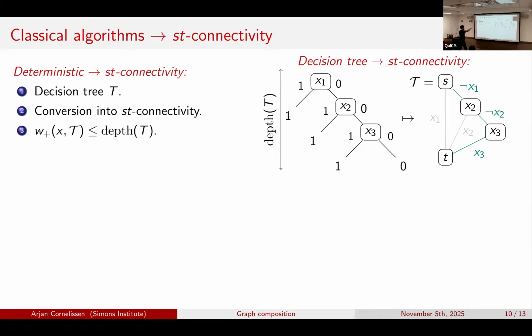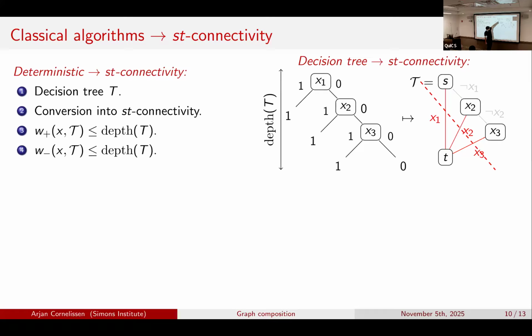And now if we look at the witness size, the length of the path to go from S to T will of course be at most the depth of the decision tree. So that's the analysis that we recover. And for the negative witness size, maybe we need to think a little bit harder. But at every node that we traverse in order to get to a leaf that is 0, there's exactly one edge that we're not taking. Right.